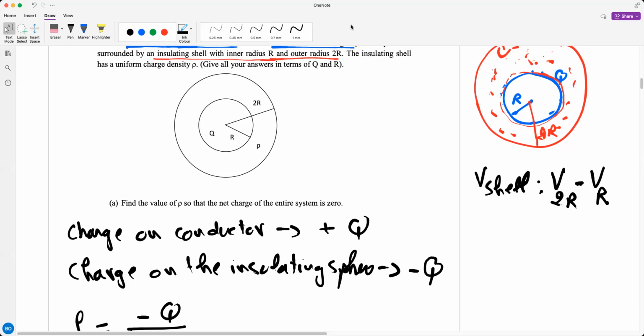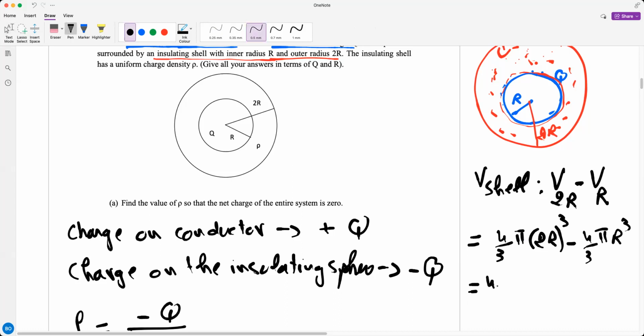Okay, so what is the volume of the 2R sphere? The volume of the 2R sphere is 4/3 pi (2R) everything cubed, minus the volume of the blue sphere, which is 4/3 pi R cubed. Well, we can easily solve this.